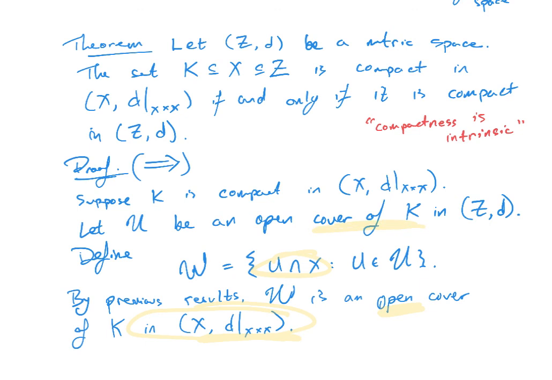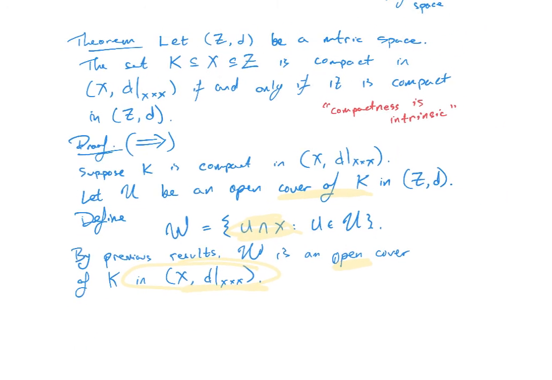They already covered K, and K's in X, so we're not going to lose any points of X when we do this intersection. So we're an open cover there.